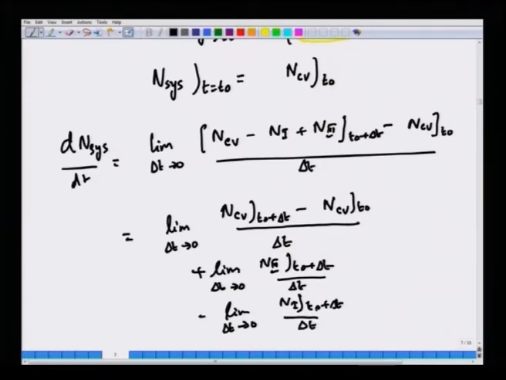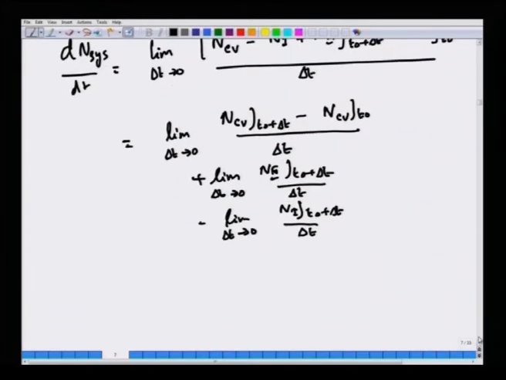These are the various terms that are expanded out from the basic definition of the rate of change of a property present in a system.